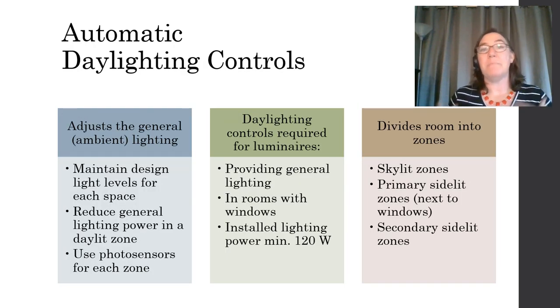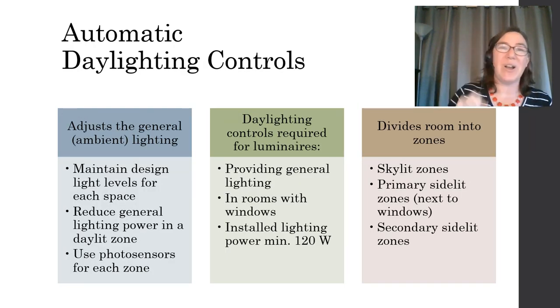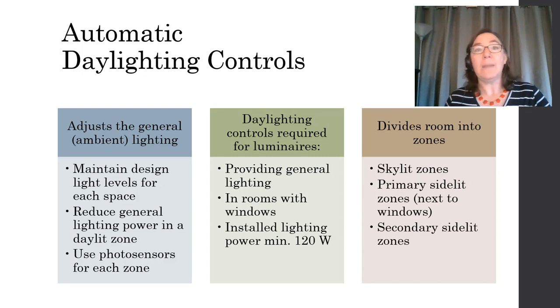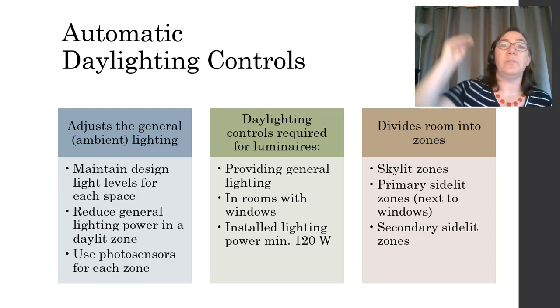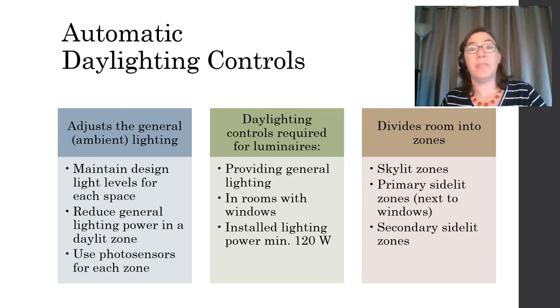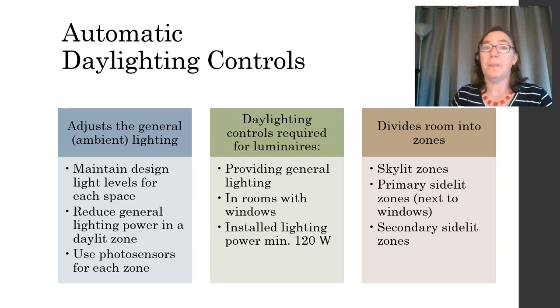The last category of mandatory requirements for non-residential buildings that I want to talk about is automatic daylighting controls. Automatic daylighting controls is a way to use the free light that we get from the sun. All right, and so we use these controls to adjust the general or ambient layer of lighting within a room when the daylight is available.